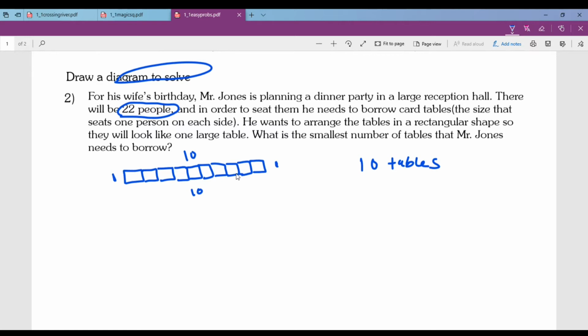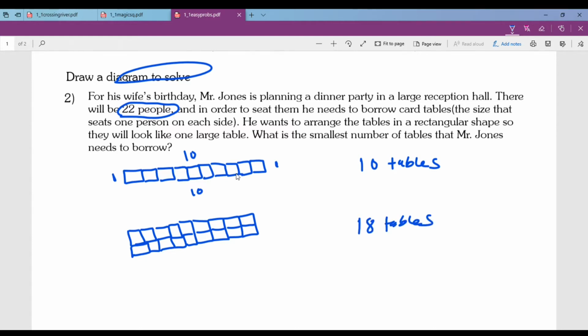Now let's try another arrangement. Let's start with 2 tables, and then we'll keep adding until we make sure to seat 22 individuals. And again, this is just a sketch, so it doesn't have to be perfect. And I have here a total of 1, 2, 3, 4, 5, 6, 7, 8, 9 tables on the top row, and the second row has 9, so 18 tables altogether.